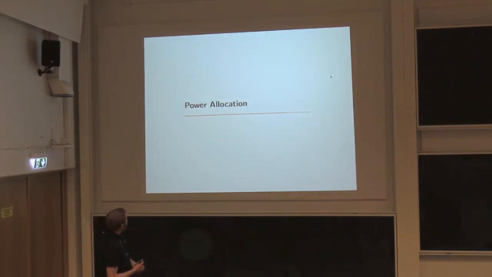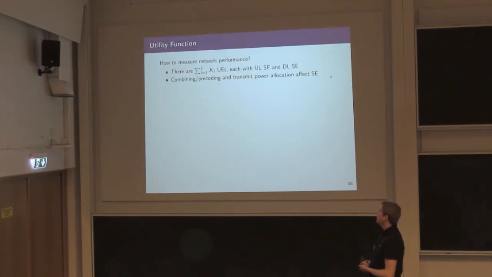I had one part about power allocation as well, and I think I should jump over most of these parts. What it's really about is that we somehow should select the powers. So far I've actually had equal power allocation for everyone, and as Eric was pointing out, that might not be a good choice if you want to maximize something like the worst user's performance in the system.